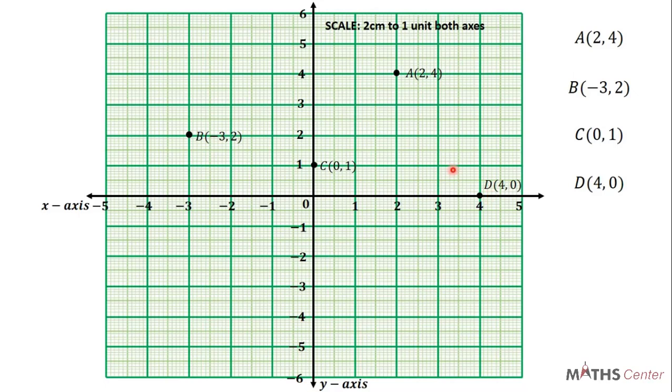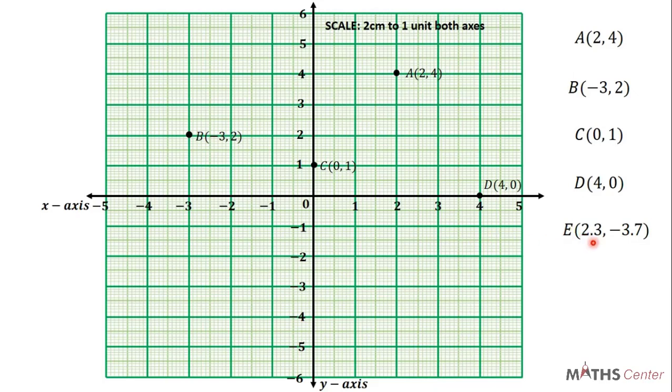So you can see that when we are asked to plot points that fall on major grid lines, it's very easy. For example, we are asked to plot 2, 4. You just look for 2, which falls on a major grid line, and 4, which falls on another major grid line, and you can easily trace the point and draw it. But what if we are being asked to plot the point 2.3 and -3.7?